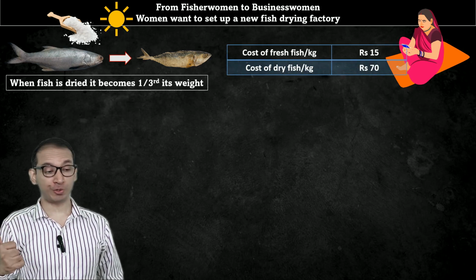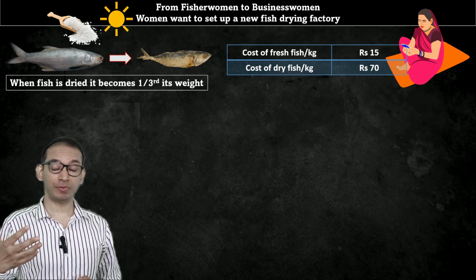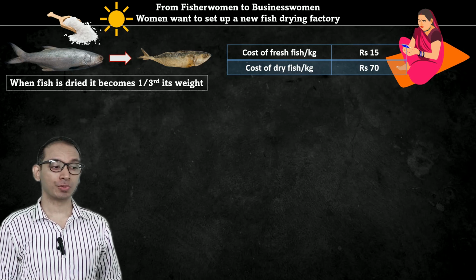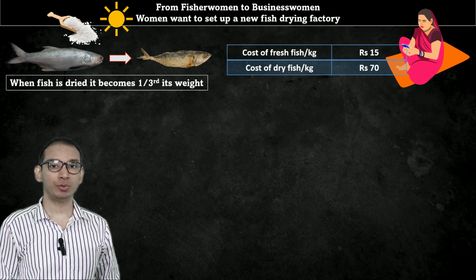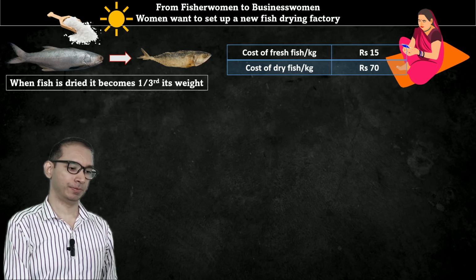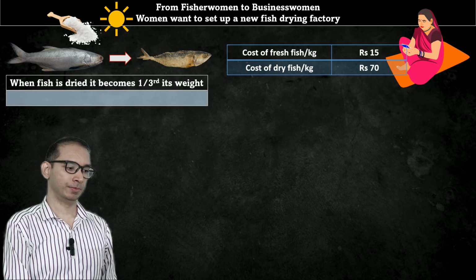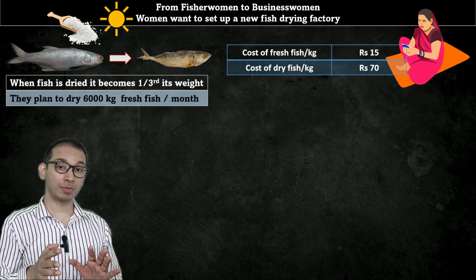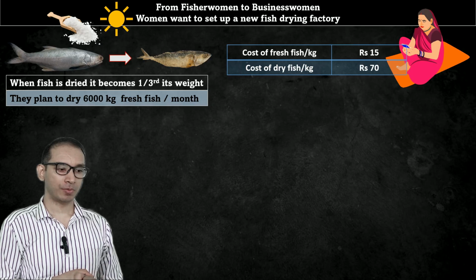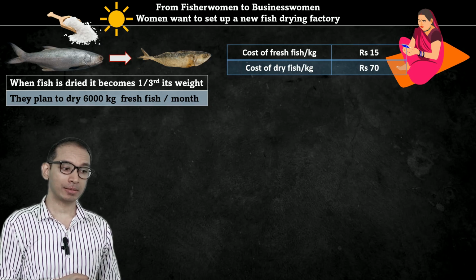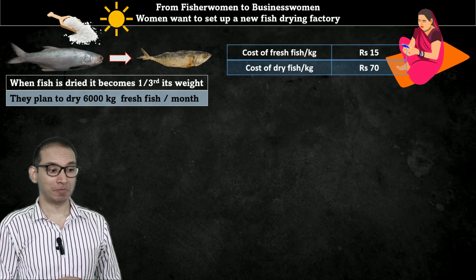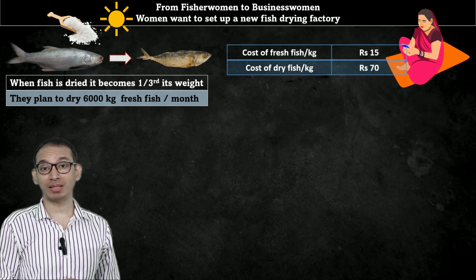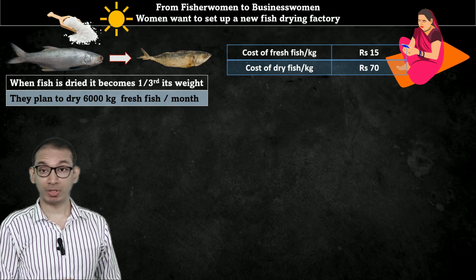So the cost of fresh fish is rupees 15 per kg, and the cost of dried fish is 70 rupees per kg. Now you may wonder why fresh fish is 15 rupees per kg and dry fish is 70 rupees per kg.